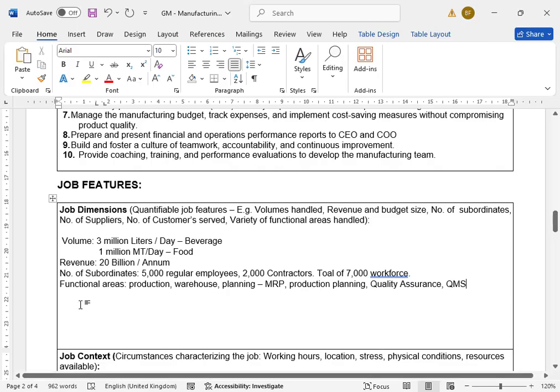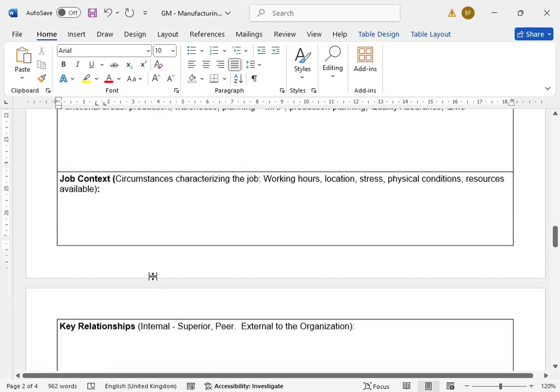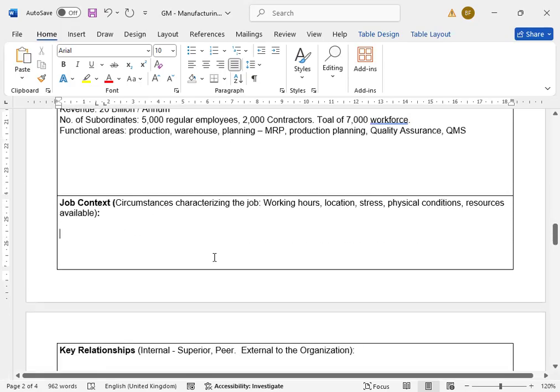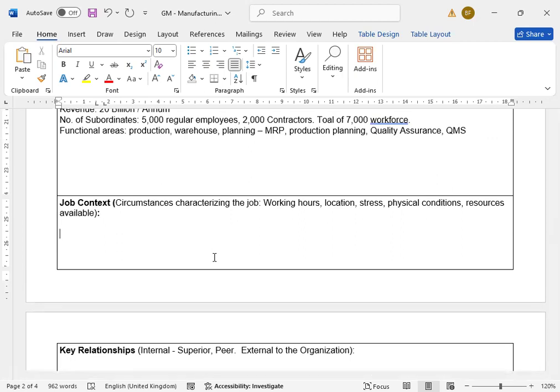Now we go to the job context. Job context is the circumstances characterizing the job in terms of working hours, how many hours he is working in the company, and what is the location. Is he working 100 kilometers away from the plant? Or is the location adjacent to the plant?